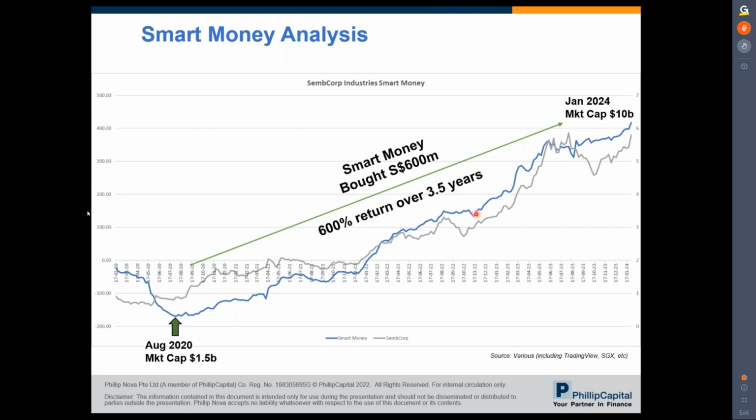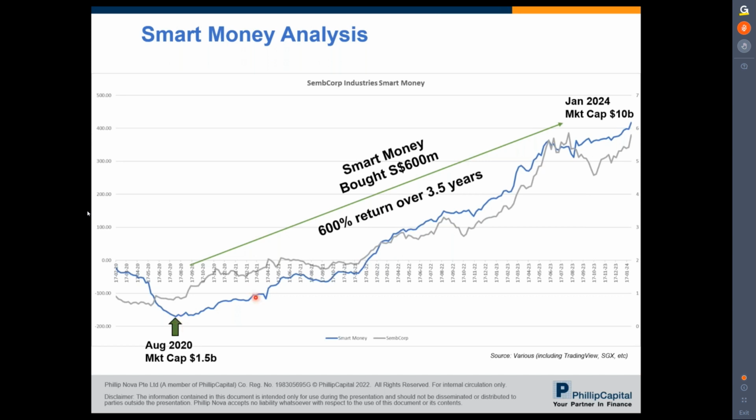So eventually, when the correction is over, you'll find that this divergence will start closing back up again, and the share price will tend to move back towards the direction that the smart money is investing in, right?